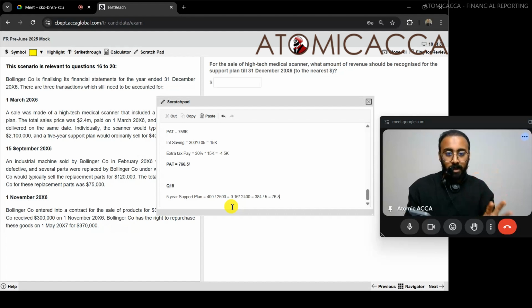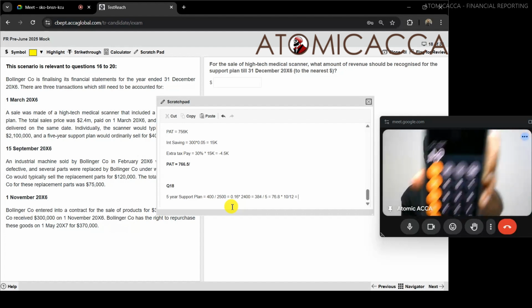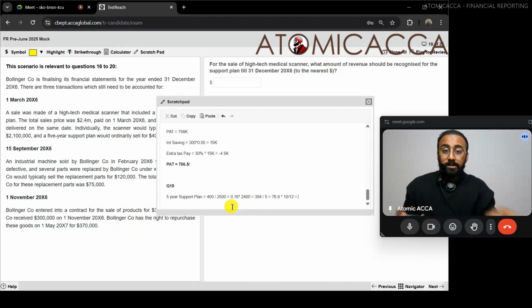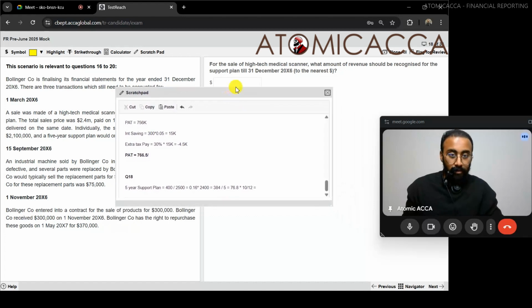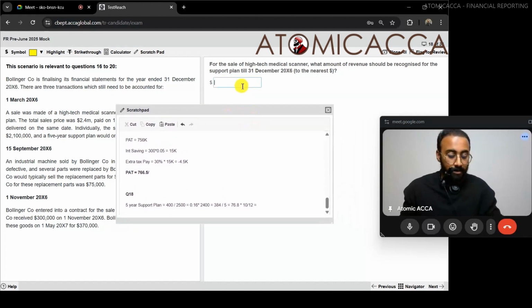Yes, 10 months. So 76.8 into 10 divided by 12 is equal to 64,000. So what is the answer we need over here? Revenue recorded will be 64,000.